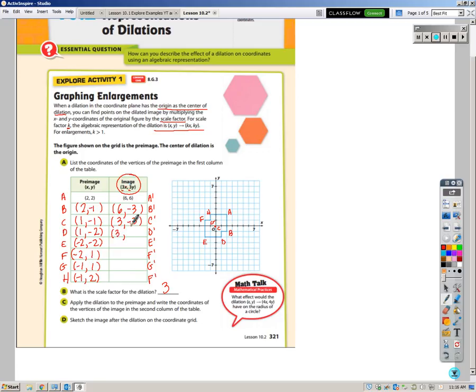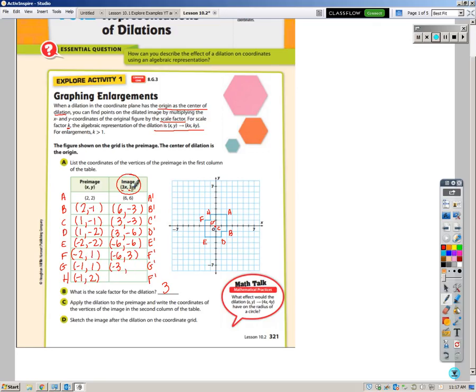Negative 2 times 3 is negative 6. Negative 2 times 3 is negative 6, and again negative 6, negative 6. We got a lot of those. And then 1 times 3 is 3. Negative 1 times 3 is negative 3.